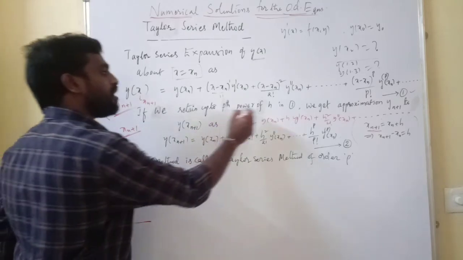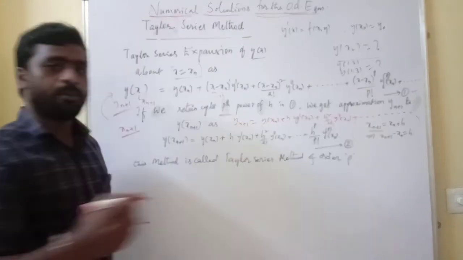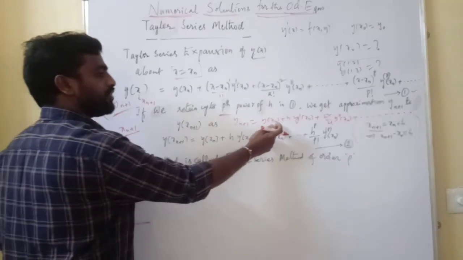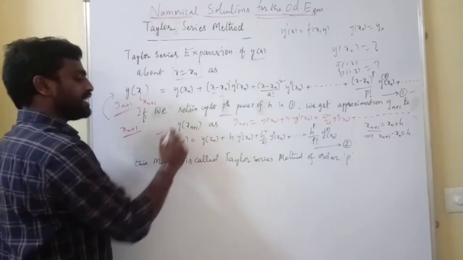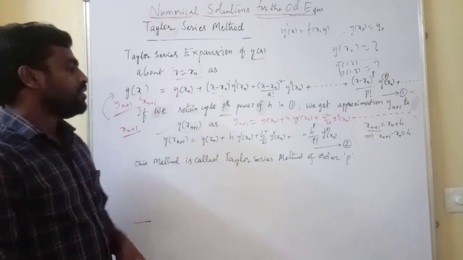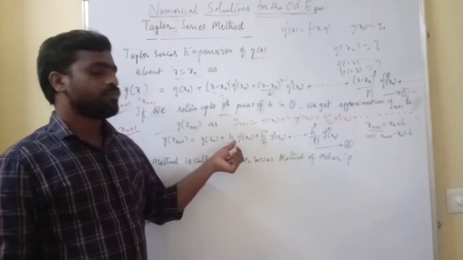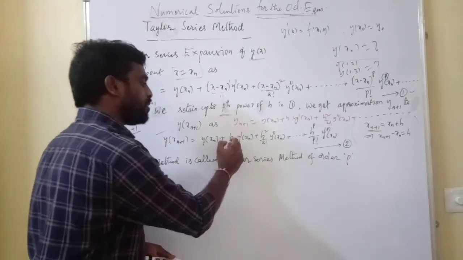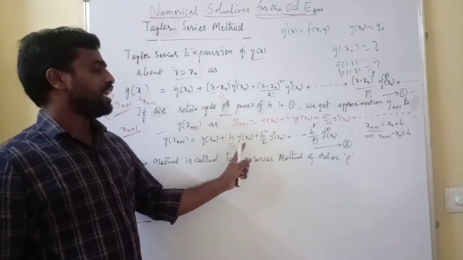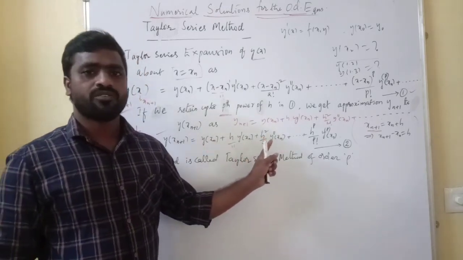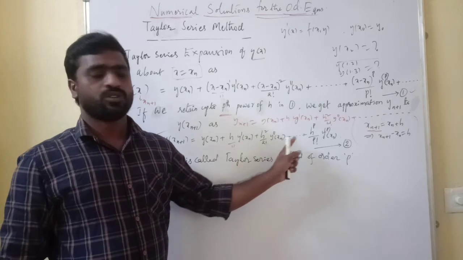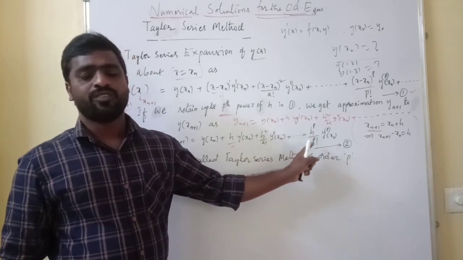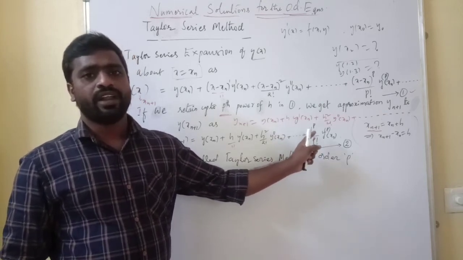Taking up to the pth power of h, we can write y of x n plus 1 equal to y of x n plus h power 1 by 1 factorial into y dash of x n, plus h power 2 by 2 factorial into the second derivative at x n, and so on, up to h power p by p factorial into the pth derivative at x n.